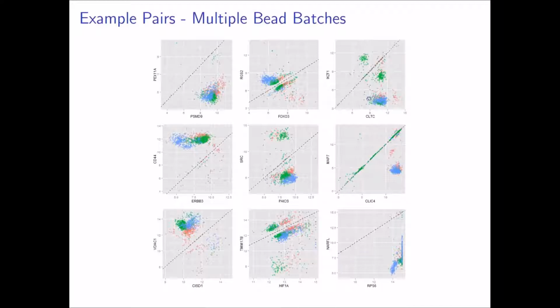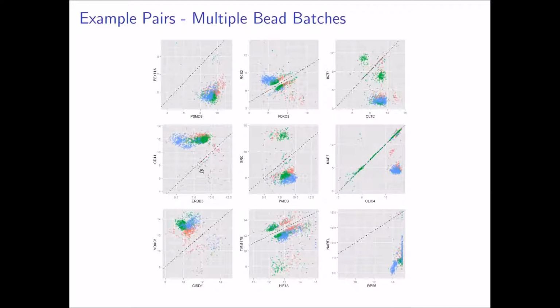And so here's the multi-cluster example, and you can see almost all the blue falls into this lower cluster, and most of the red, although there's a little bit. But in general, at least for these examples, bead batch B7 seems to be a little bit more consistent across the data.